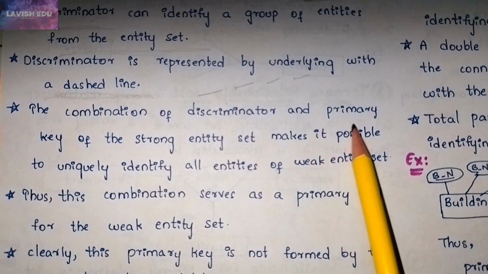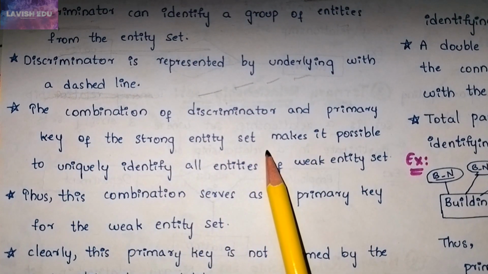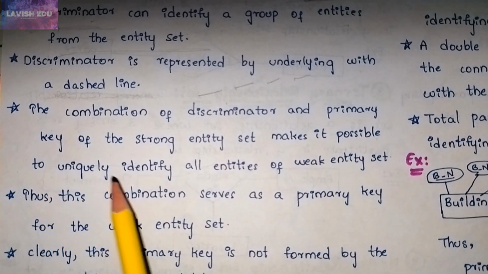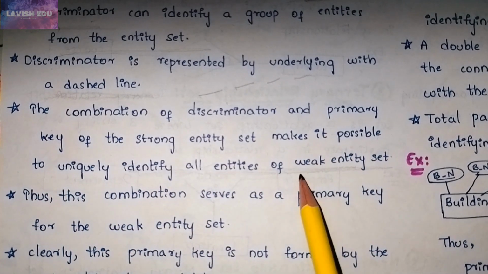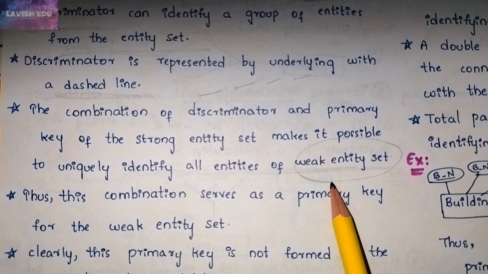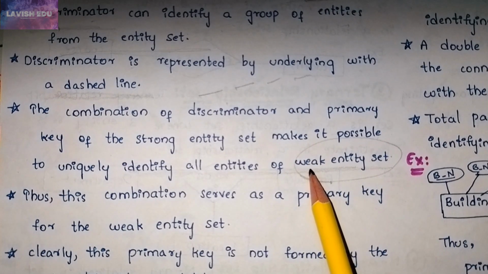The combination of discriminator and primary key of the strong entity set makes it possible to uniquely identify all entities of the weak entity set. As we have already seen, a weak entity set won't have any primary key value, so it can't uniquely identify the relation.